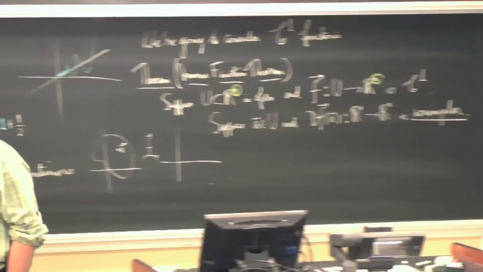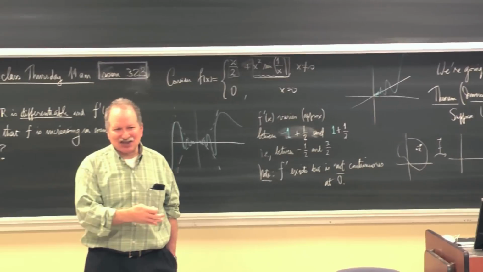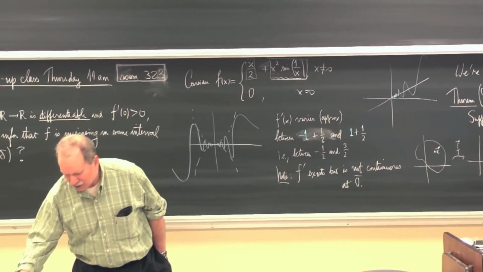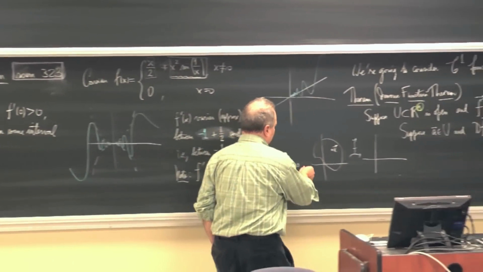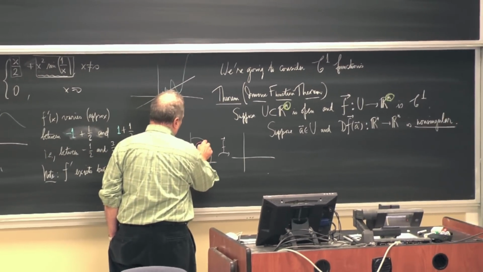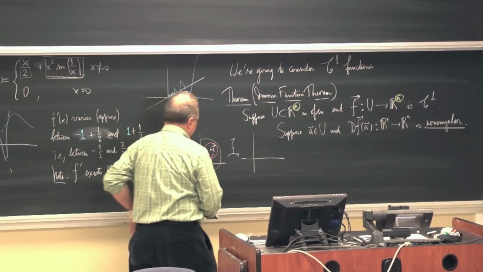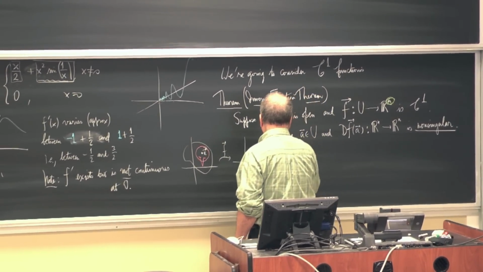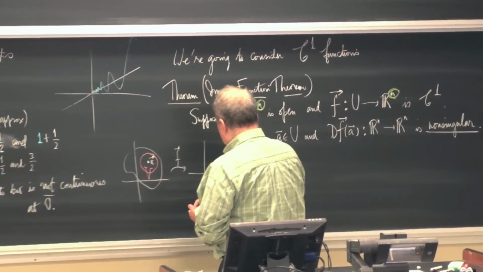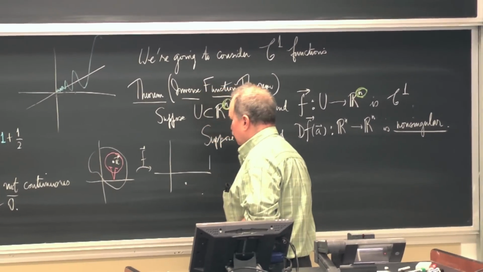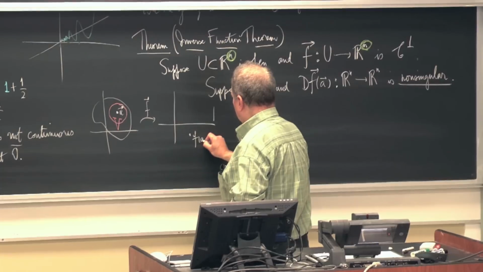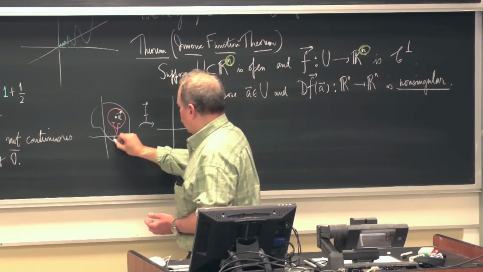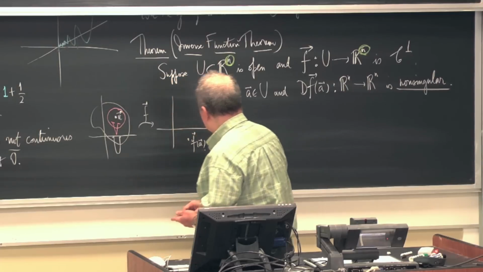Then, if the best linear approximation has an inverse, what do you think should be true about the function near A? It should have an inverse. So that's what we're going to say. We're going to say there's some neighborhood V so that if you map wherever A maps to f of A, I don't remember what notations are in the book, so I'm making up my own notation.